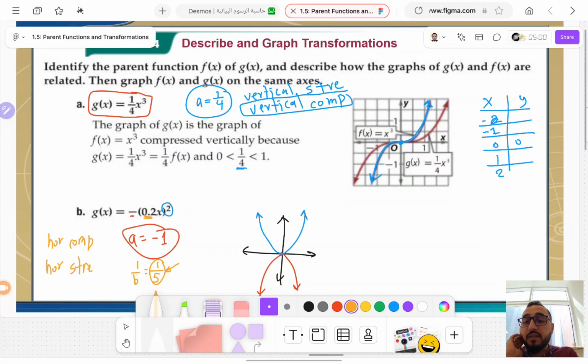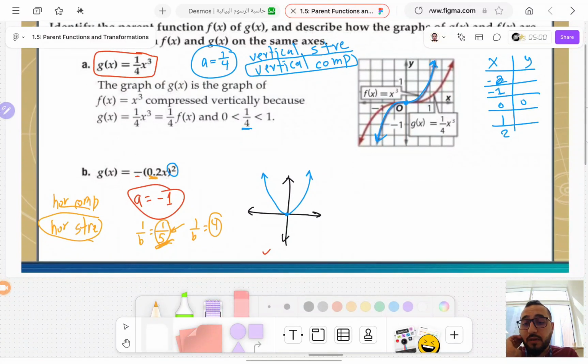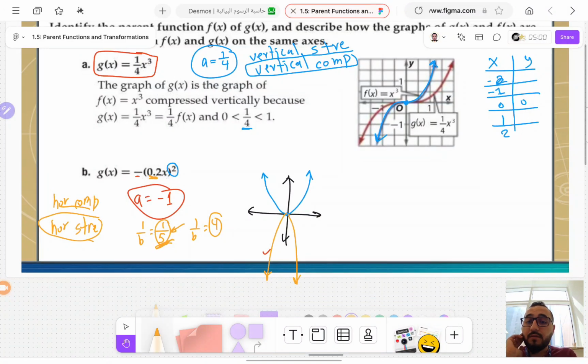Okay, so as I told you, if it's a fraction, it will be horizontal stretch. And if 1 over b is a whole number, this one is called compression, but because it's a fraction, it should be stretch. So now as you can see, the function will be stretched down, like this one here.